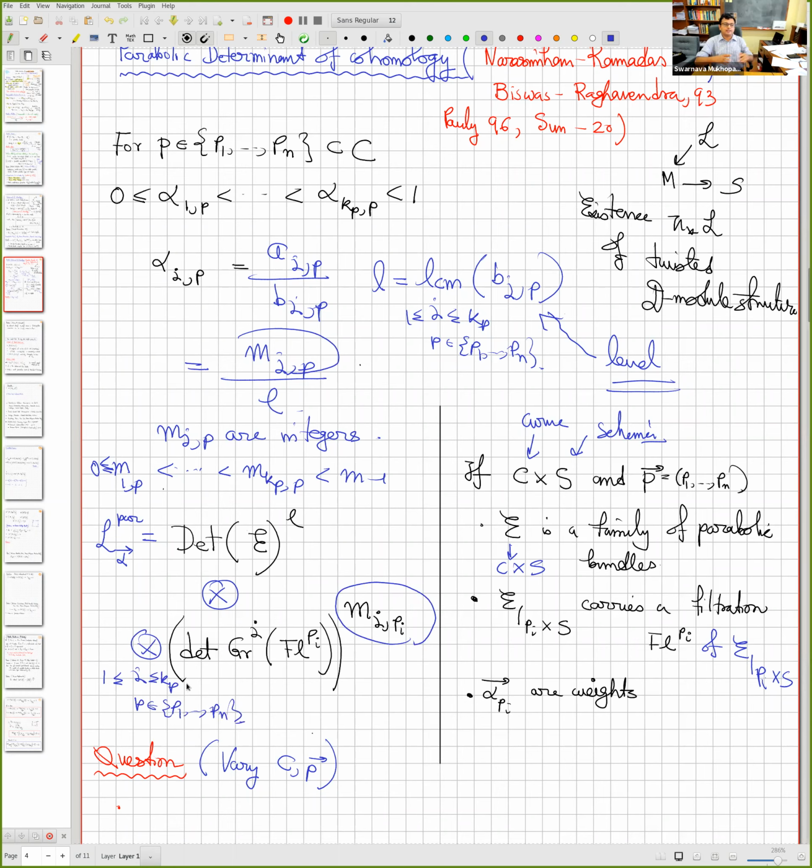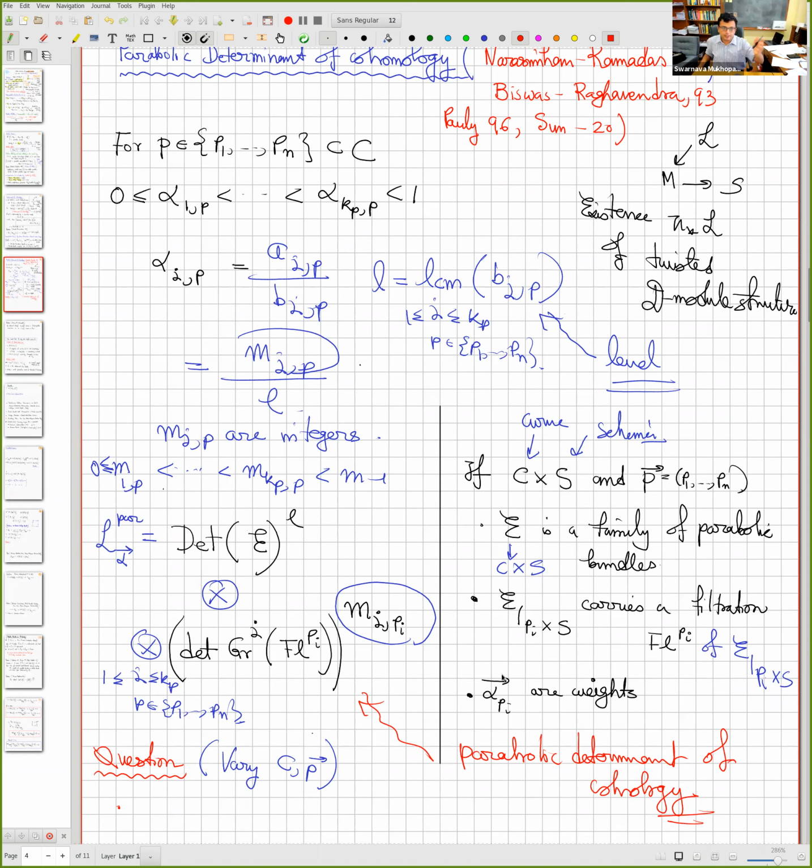Okay, so this is the determinant of cohomology. This is known to us as the parabolic determinant of cohomology. It was first discovered, I think, in a paper of Narasimhan and Ramadas in '93, and around the same time it was also used in a paper of Biswas and Raghavendra, who gave an alternative description of these parabolic bundles, which are very important for this particular question, and which I will hopefully explain later on.